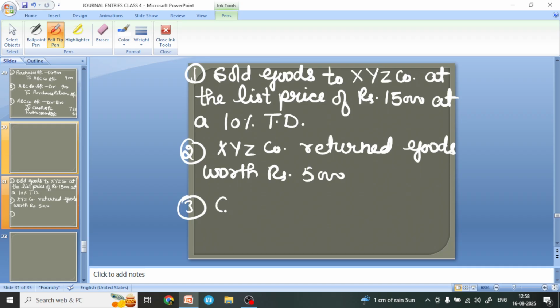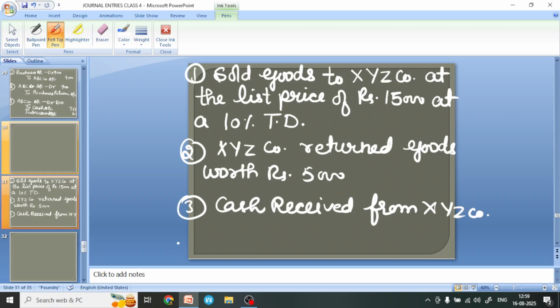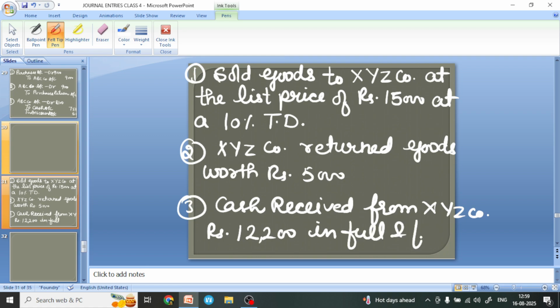Third entry, cash received from XYZ company rupees 12,200 in full and final settlement.